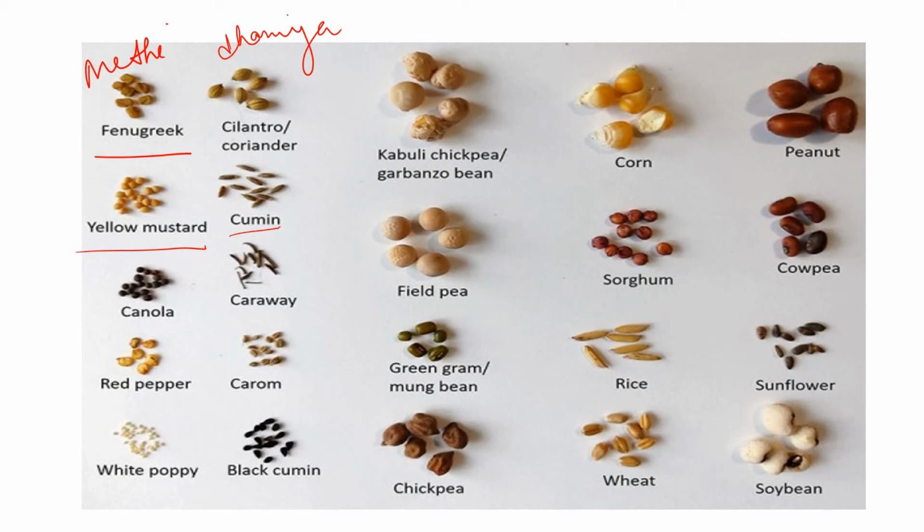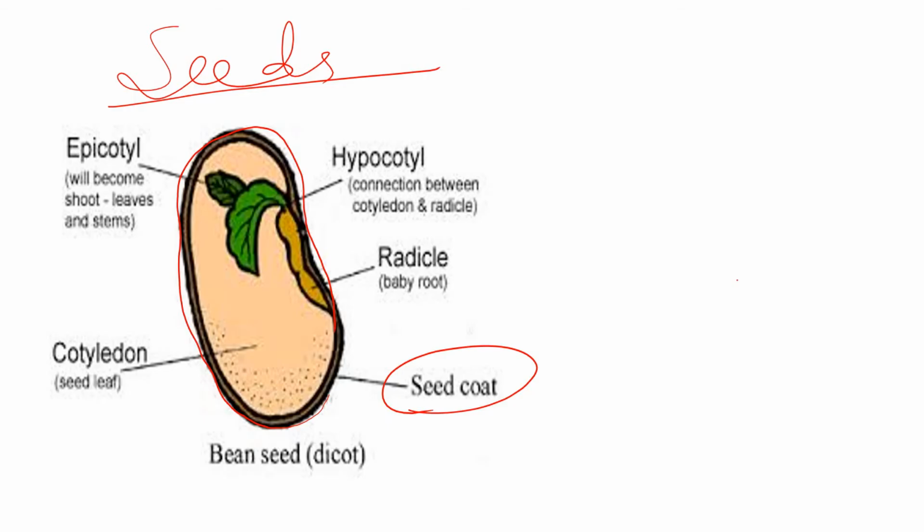Now suppose you remove this seed coat, this green covering, this brown covering, then what do we get? Inside the seed coat there are one or two cotyledons. Cotyledons, this one you can see, it can be one single cotyledon or it can be like this, bifurcation will be there, so there can be two cotyledons.